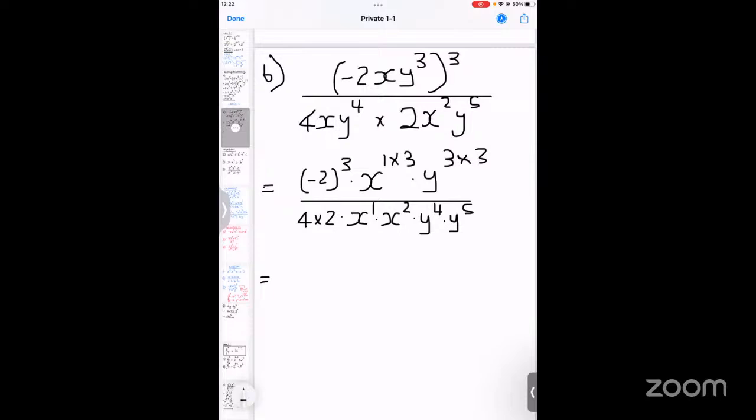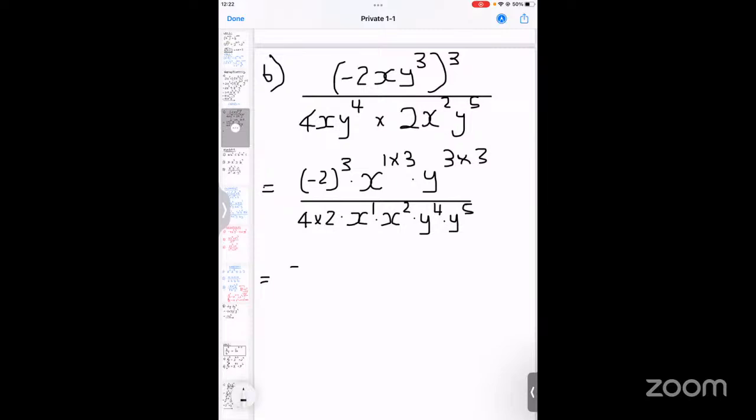So now let's see. What will be negative 2 to the 3? It will be negative 8. Negative 8. Okay.